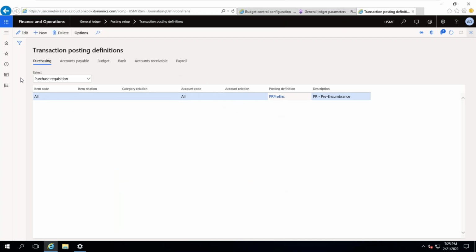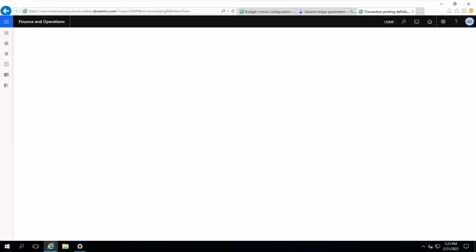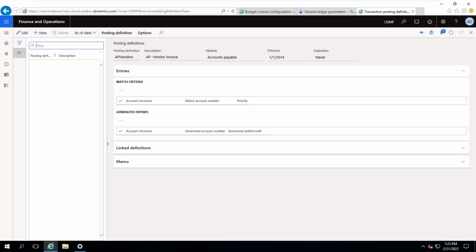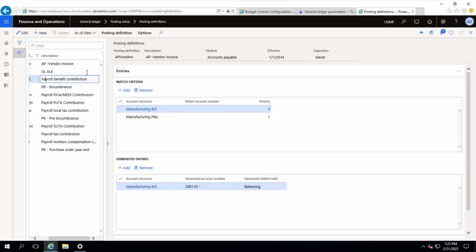Here we are mapping the ledger accounts. This is posting definitions. Okay, don't worry on this one.